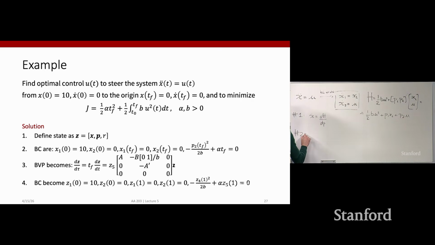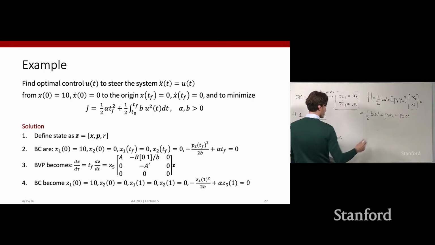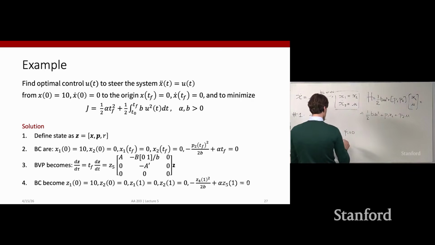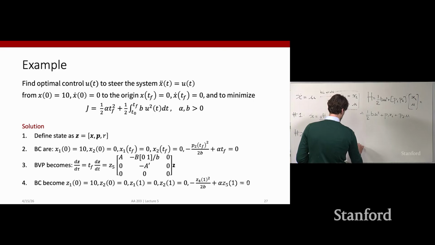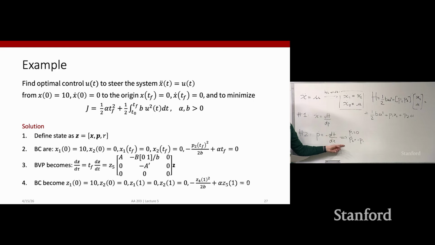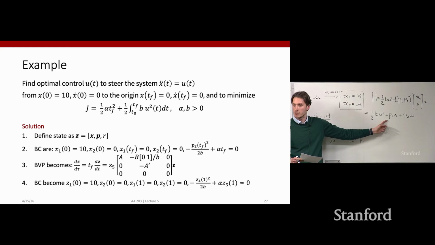The second condition entails setting P dot equal to minus the partial derivative of the Hamiltonian with respect to x, where by doing the partial derivative of the Hamiltonian with respect to our two state variables, what we get is P1 dot equals 0, and P2 dot equals minus P1. Right, so the first one is the derivative of the Hamiltonian with respect to x1. There is no x1 here. The second one is with respect to x2. So there is negative P1.